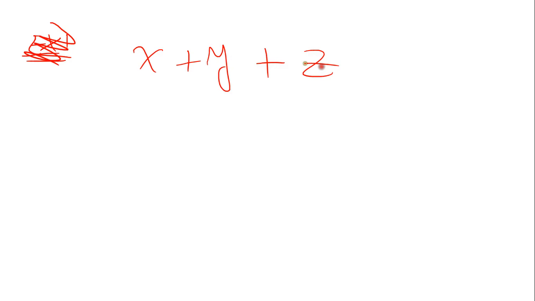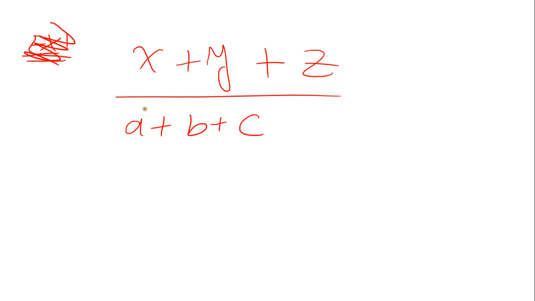All right. Let's see here. So in this one, example one, in general, when we have rational expressions, let's say we had x plus y plus z over a plus b plus c.